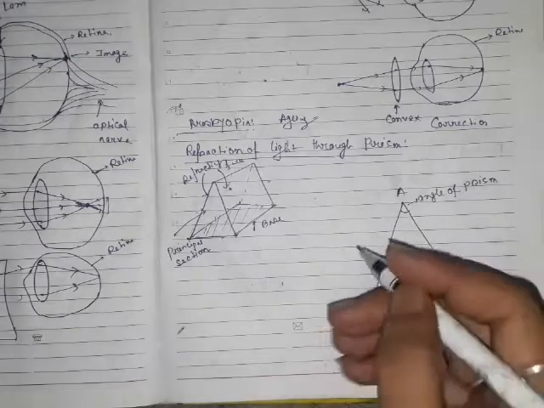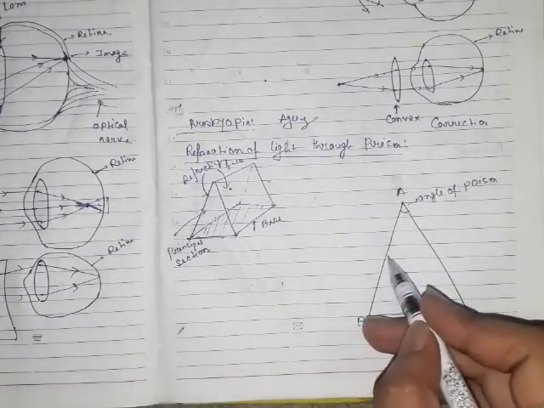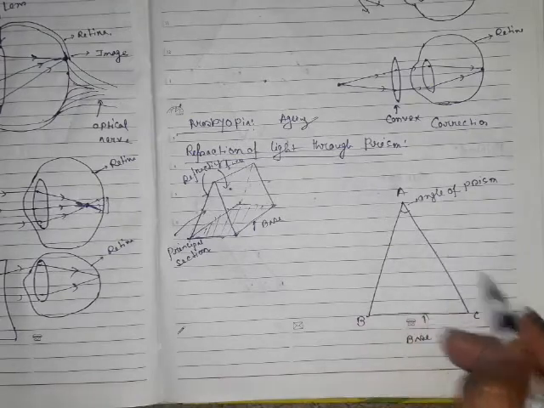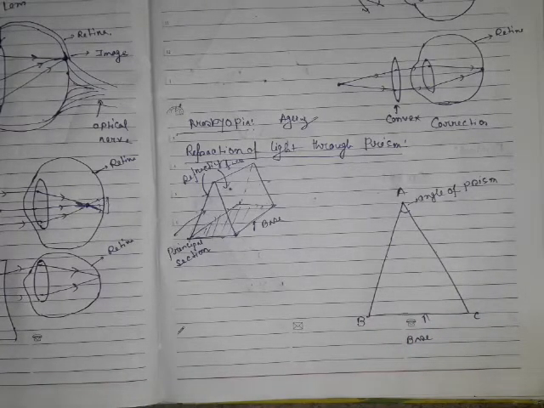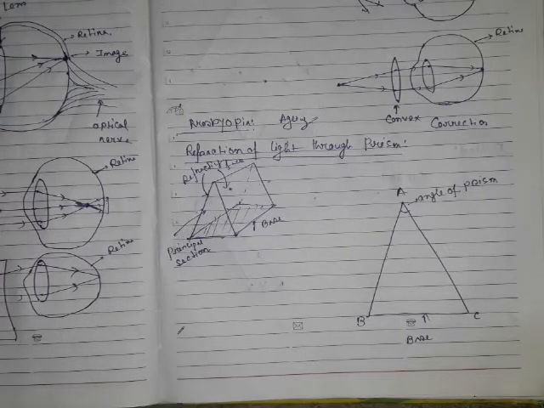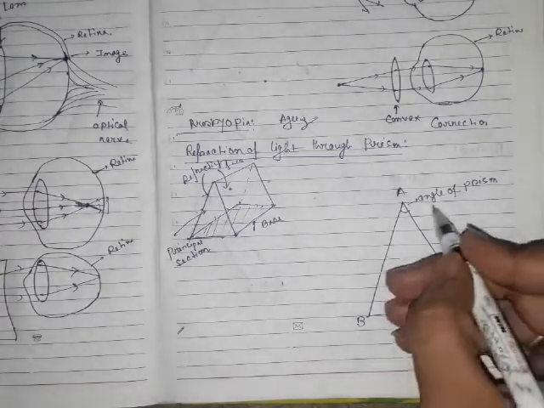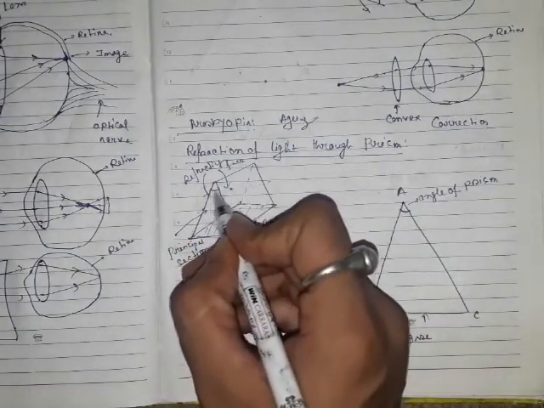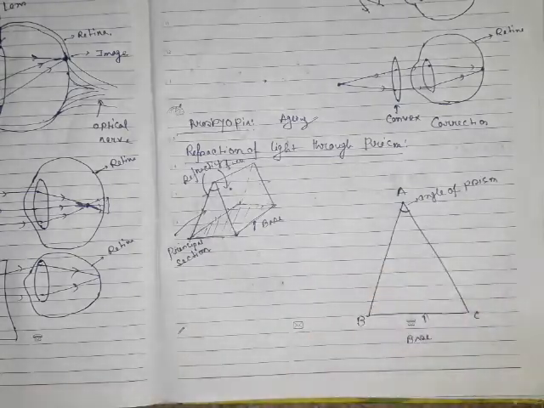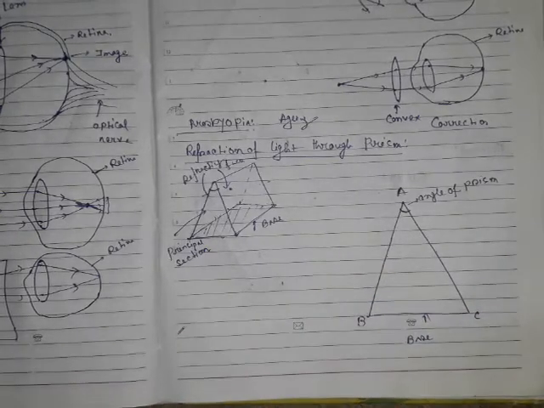If light is incident on this face, it will emerge from this surface. That is the main idea about a simple glass prism. One thing to keep in mind: this top angle is called the angle of prism.